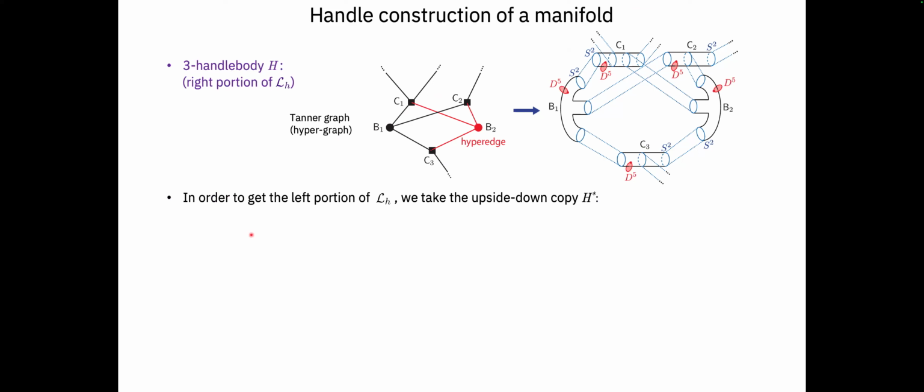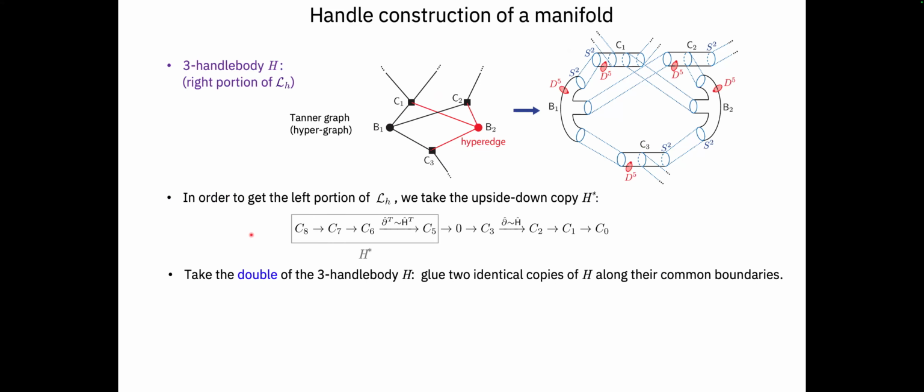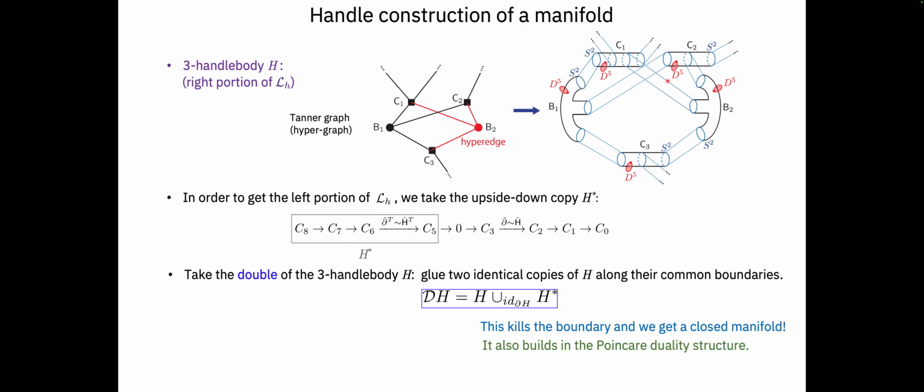Now we also want to get the left portion of the chain complex, which is essentially the dual handle body. You can produce that by taking two identical copies of the three handle body you already produced, and you interpret one of them as the dual handles, and then you glue them along their common boundaries. The handle body still has some boundaries, but when you identify them, you kill all the boundaries, which gives you a closed manifold.